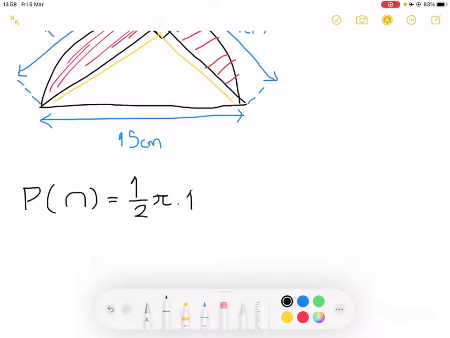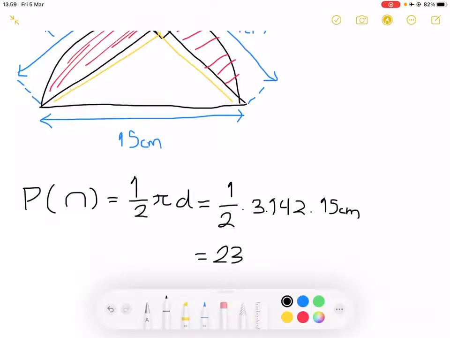Let me write the formula first. So this will be a half times pi, and we take the approximation to be 3.142, times the diameter, which is 15 centimeters. And you can just calculate this, and this will be equal to 23.565 centimeters.